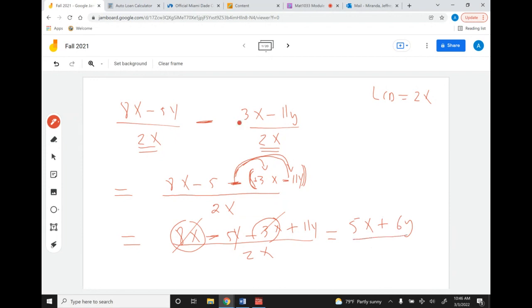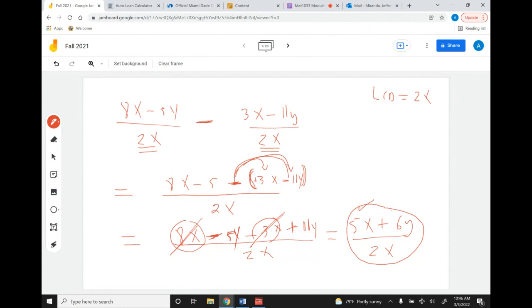Over 2x. Again, I'm combining 8x minus 3x gives you 5x, minus 5y plus 11y is how I get the 6y, and this will be my final answer. Can I reduce this? The answer is no. I don't have any common terms that I can simplify further.